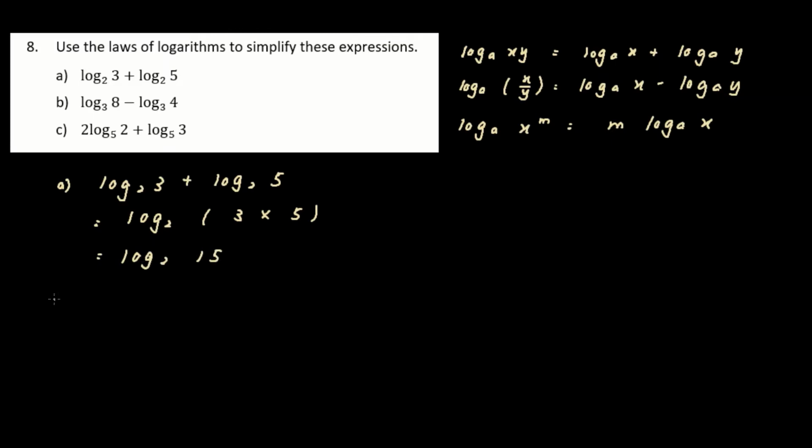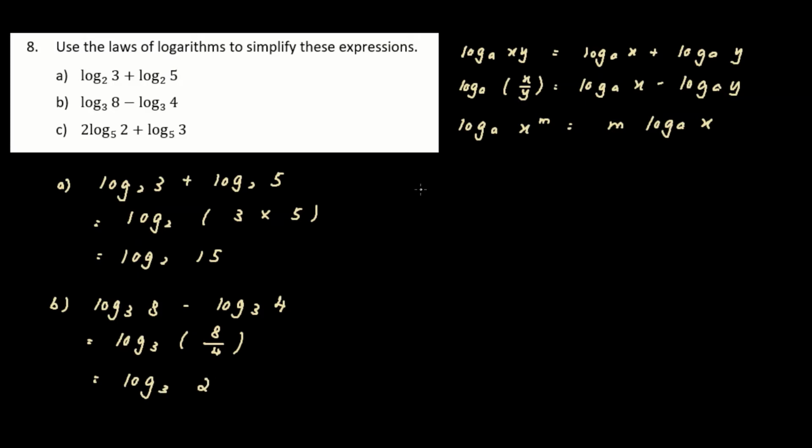Okay, so B, I have log 3, 8 minus log 3, 4. This is minus, so we'll use the division law. So log 3, then x divided by y. So I have log 3, 2.